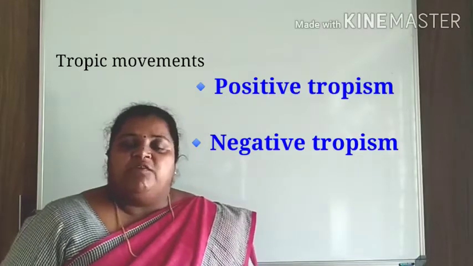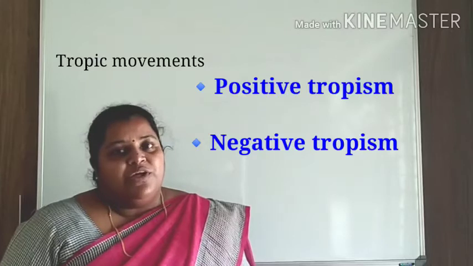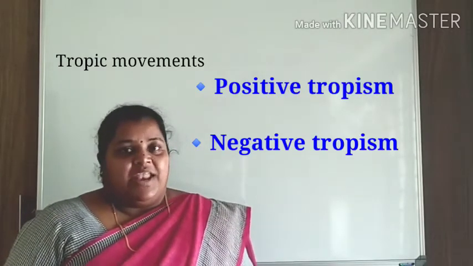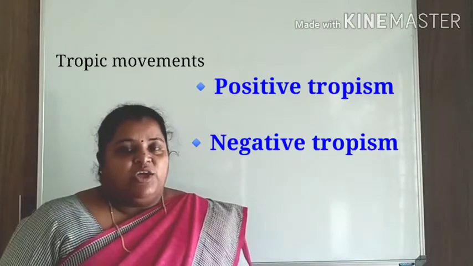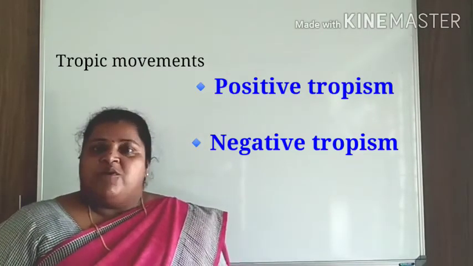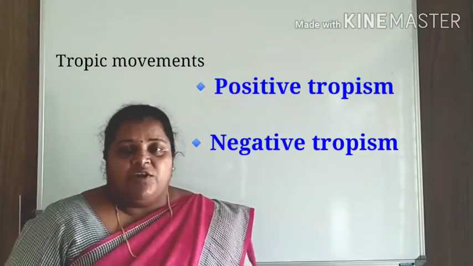An example for negative tropism is the growth of the root against the direction of the stimulus light. I hope you understood what is meant by positive tropism and negative tropism.